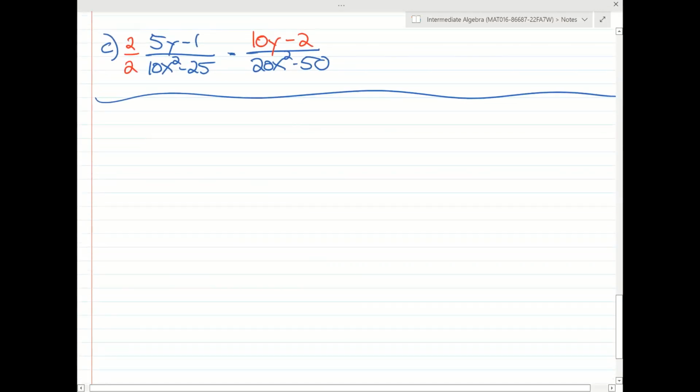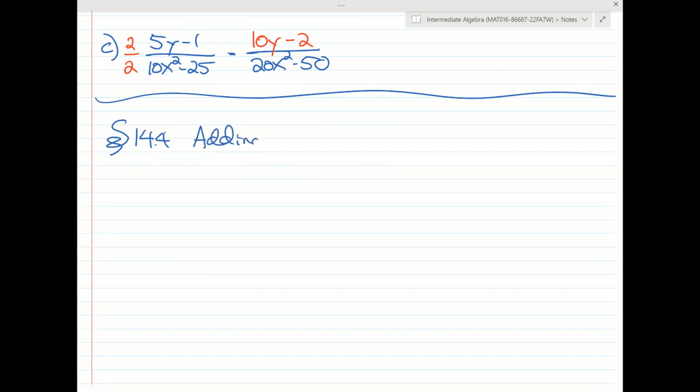All right, next section is section 14.4. And we are going to be adding and subtracting rational expressions.